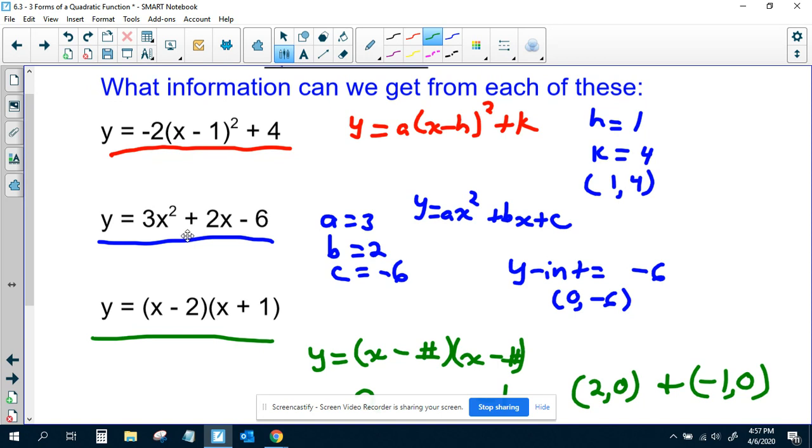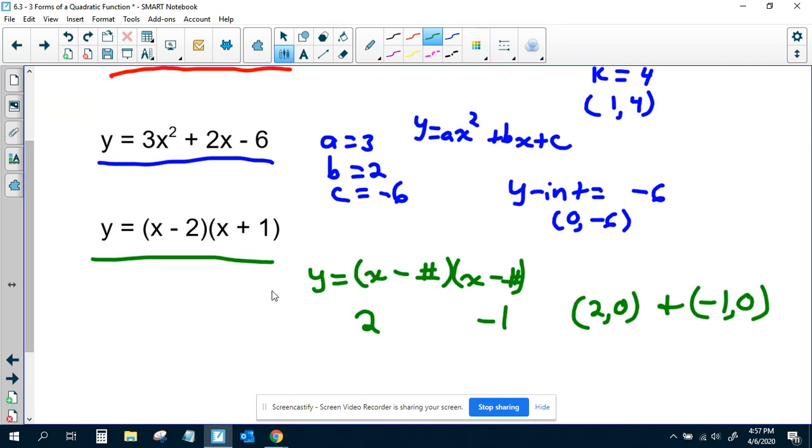And then for the next one in standard form, that our y-intercept is at (0, -6). And then for the third one that you're going to type in factored form, we want to make sure that when we visualize it, our graph has x-intercepts at (2, 0) and (-1, 0).